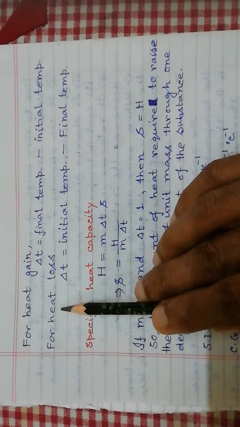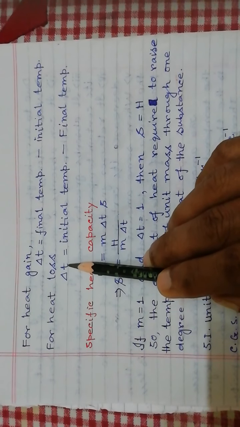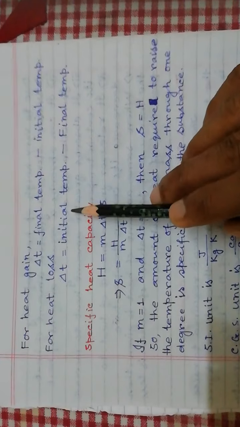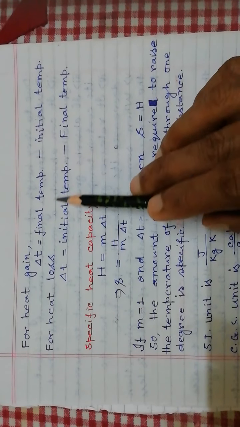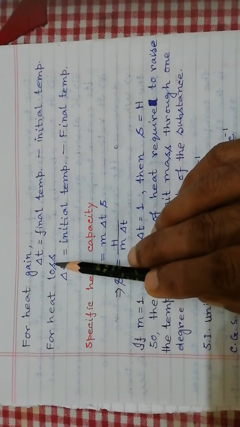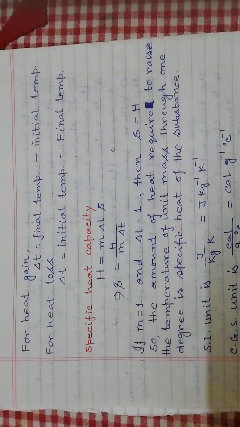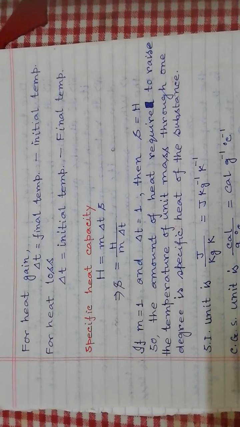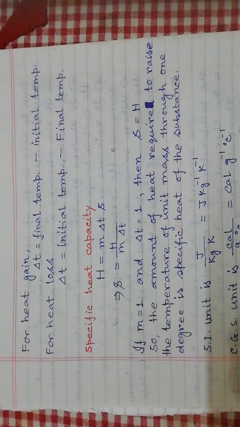Now in case of heat loss, the temperature difference is equal to initial temperature minus final temperature, because here the initial temperature is higher than the final temperature. Now the heat loss or heat gain depends on, first of all, the mass of the object, second, the change in temperature, and third, the specific heat capacity.